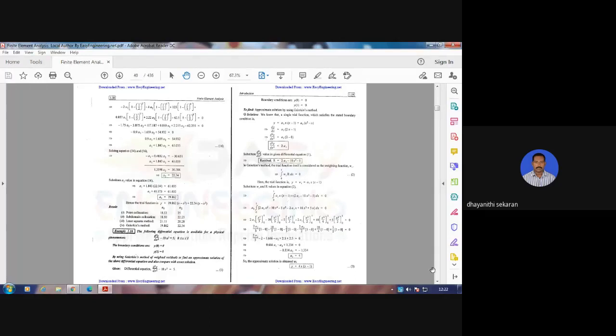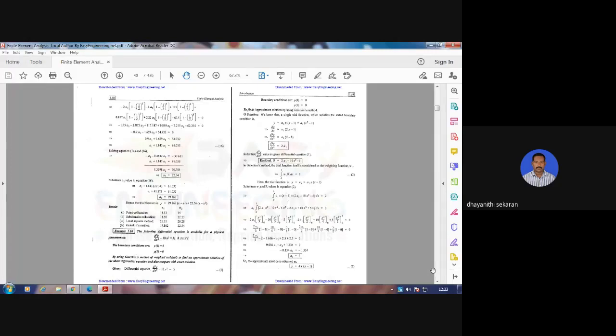So a1 plus 0.4832 a2 equals 30.651, that is equation 1, and a1 plus 1.843 a2 equals 61.035, this is equation 2. Solving these, 1.3598 a2 equals 30.384. So a2 is equal to 22.34. Substitute this value in the first equation, and we get a1 equal to 19.862.